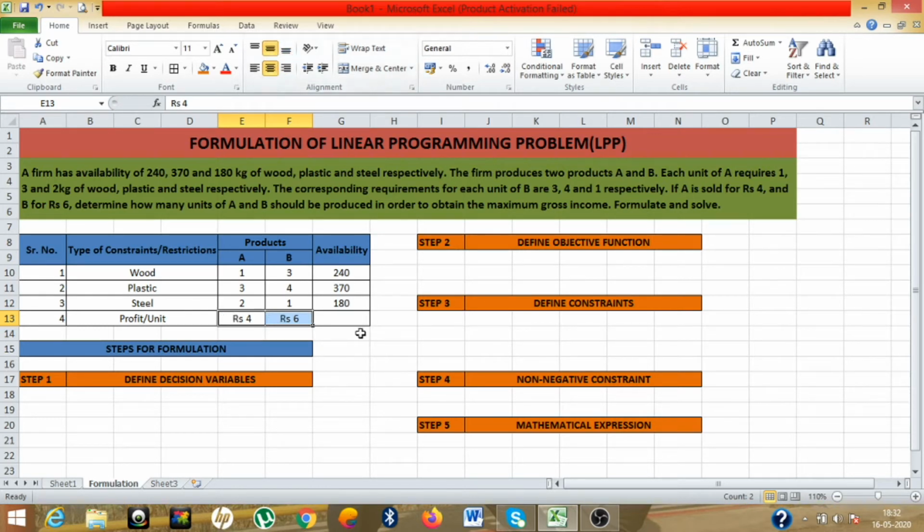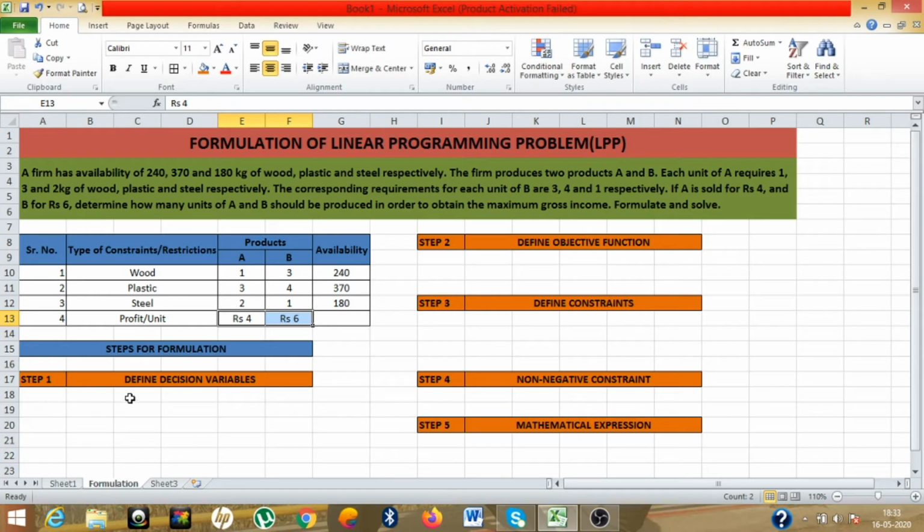So how to formulate it? Now, as we know there are two products A and B. The number of products of A and B that the firm sells will give the profit. So the number of units of A and B that the firm produces will lead to the maximum profit.